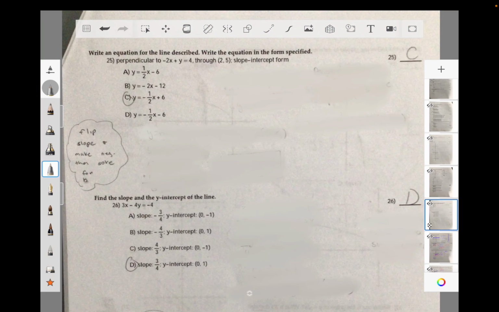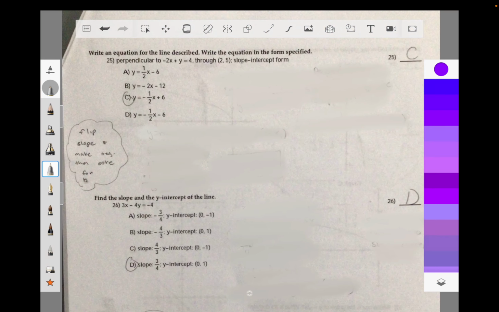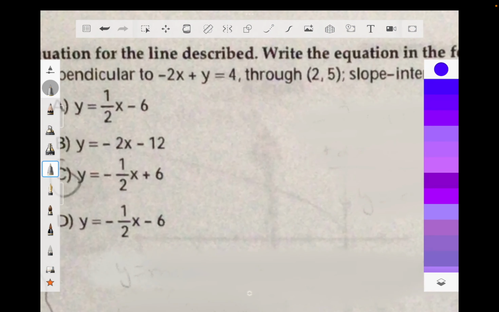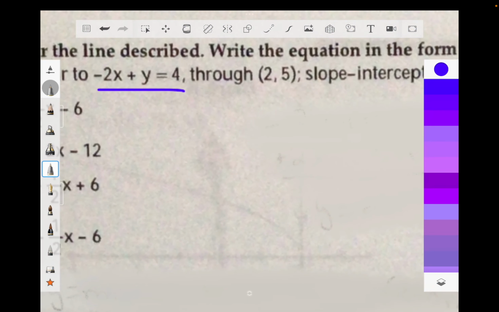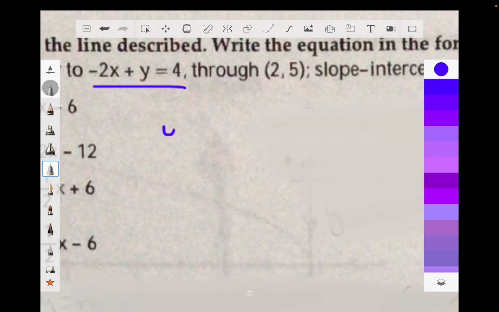Write the equation for the line described perpendicular to -2x plus y equals 4. Okay, so first things first, let's make this into slope-intercept form. So that's going to be y equals 2x plus 4.